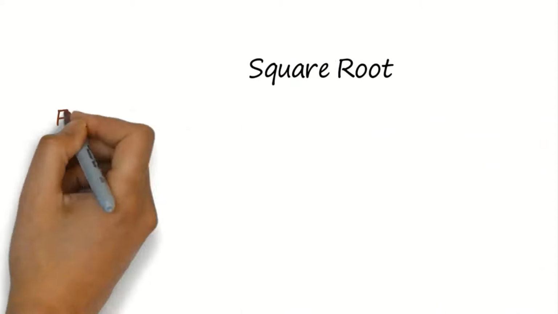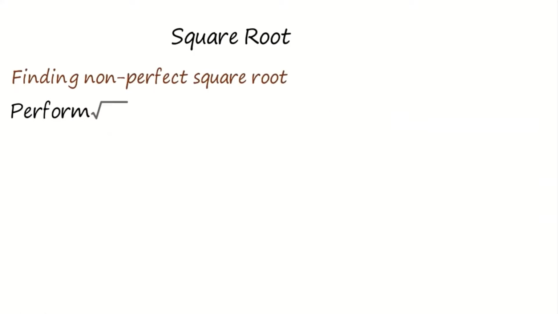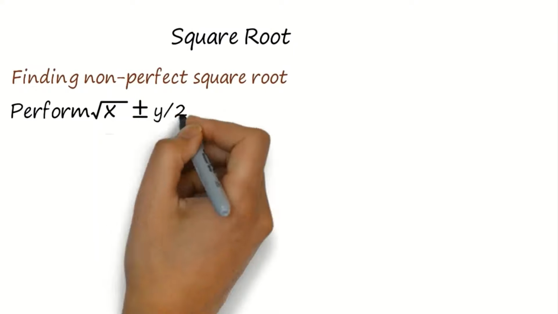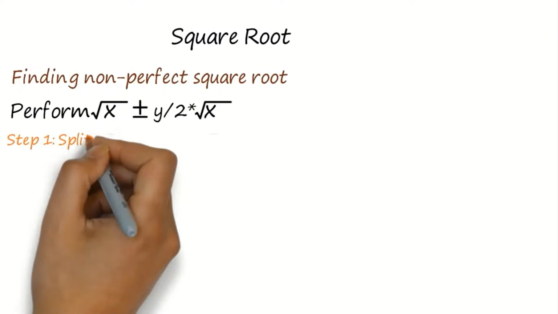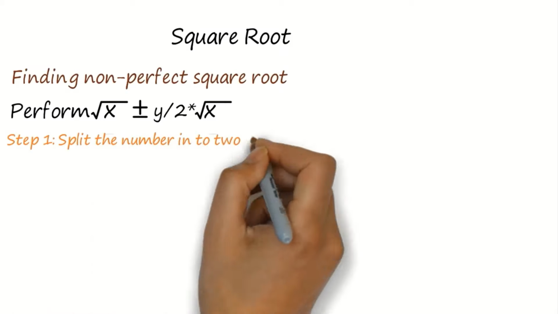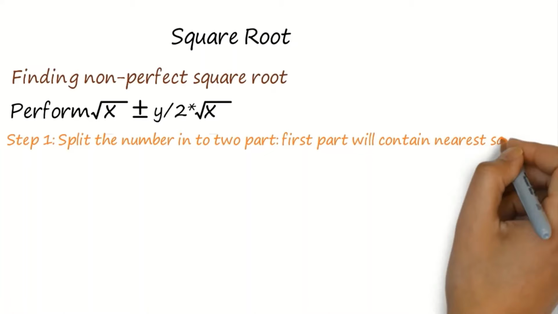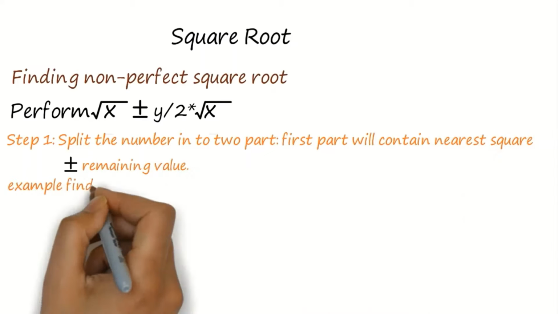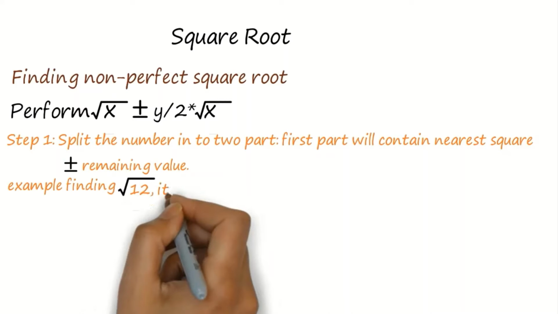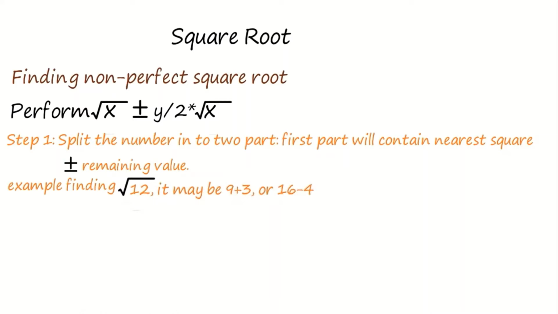Now let me give you a formula through which you can find non-perfect square roots. The formula is root x plus minus y divided by 2 into root x. Now to understand how to get x and y, we need to split the given number into two parts, and the first part should be the nearest square. For an example, to find the square root of 12, we can split 12 as either 9 plus 3 or 16 minus 4.